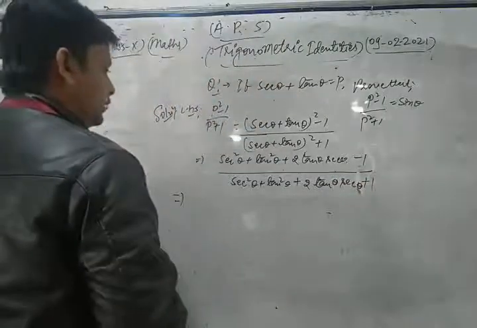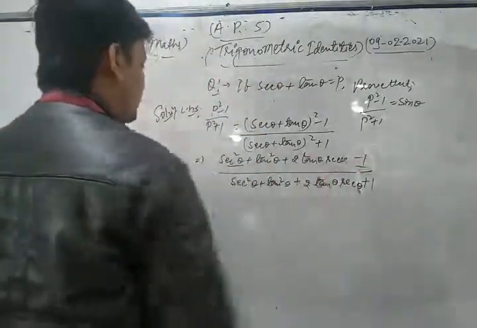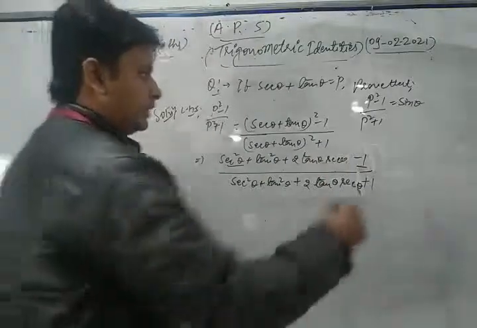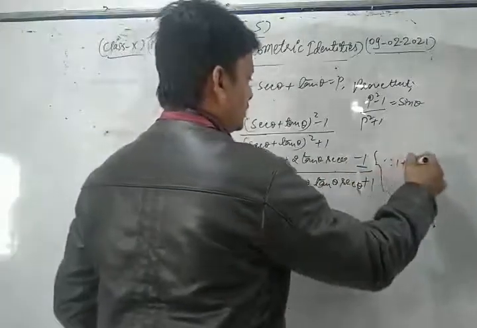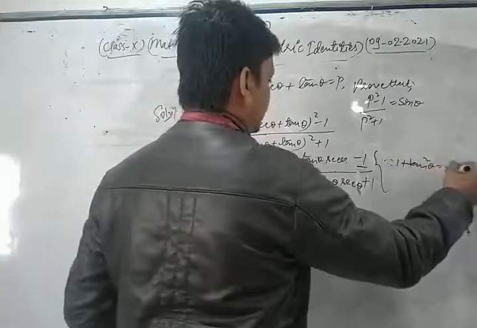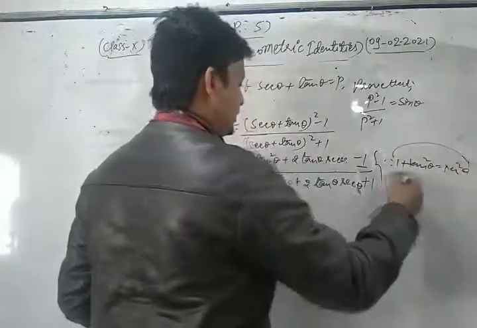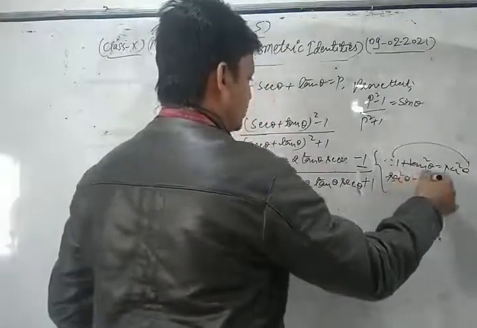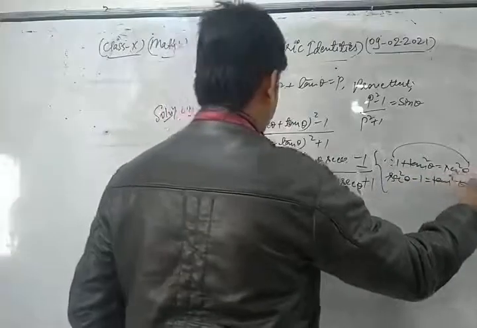Now let's see. We write sec square theta minus 1 together. We know that 1 plus tan square theta is equal to sec square theta. So sec square theta minus 1 we write as tan square theta.